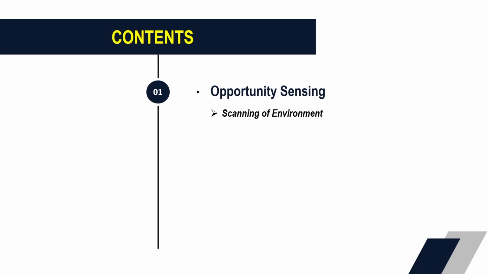The contents of this presentation: first there is opportunity sensing, how to sense the opportunity, and this has 3 sub portions. First is scanning of the environment, then idea generation, and then product or service selection, and then there is a word of caution also. Now, first, what is opportunity sensing?